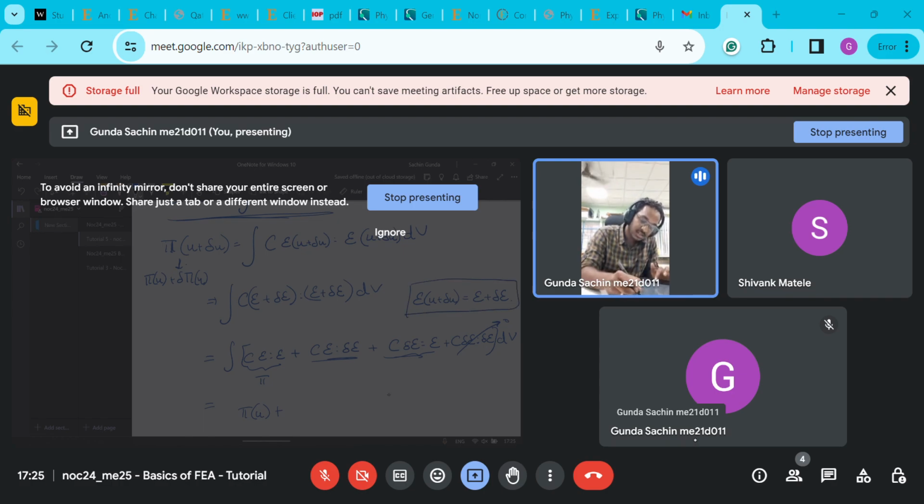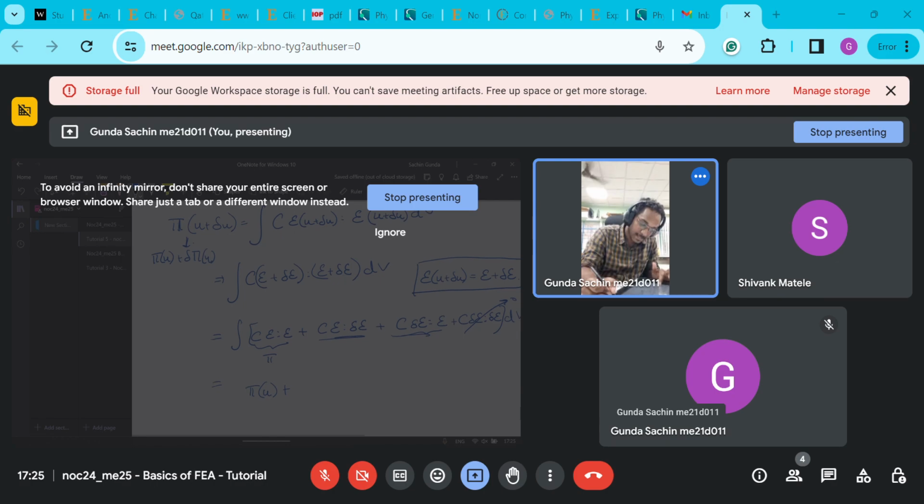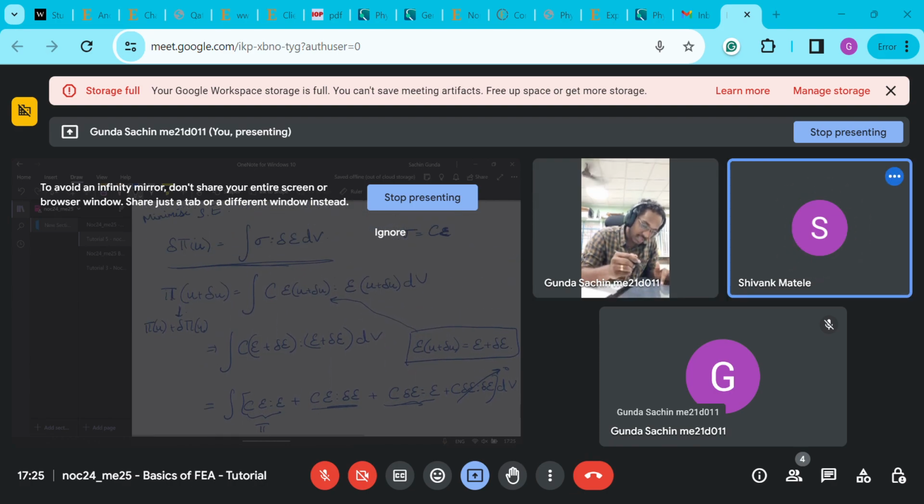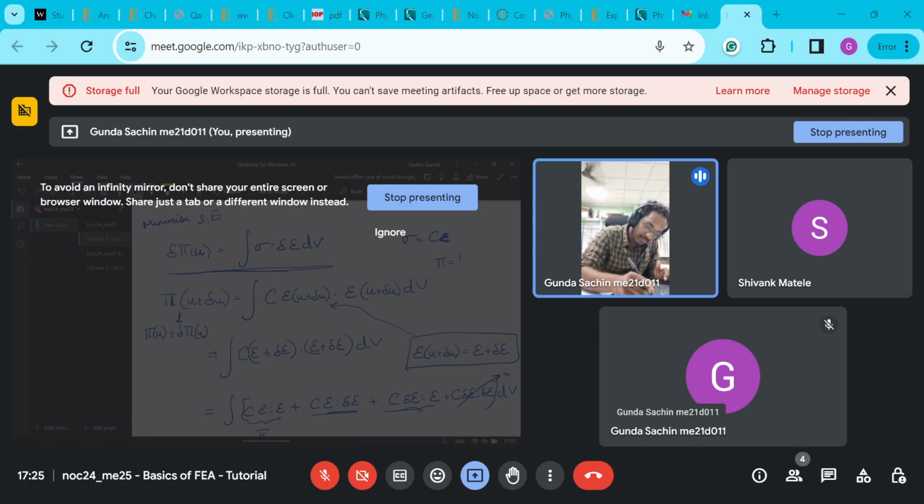If you substitute this, sigma will be c epsilon times epsilon. And let's say you take epsilon of u plus delta u is epsilon plus delta epsilon, and substitute this here. You have c times epsilon plus delta epsilon multiplied by epsilon plus delta epsilon. You'll get 4 terms.